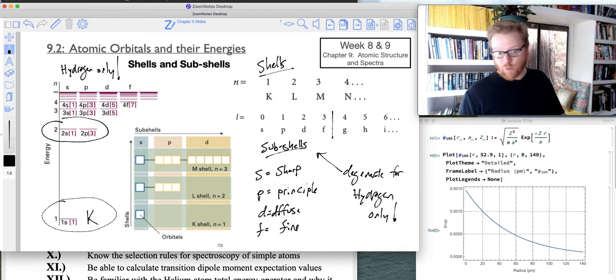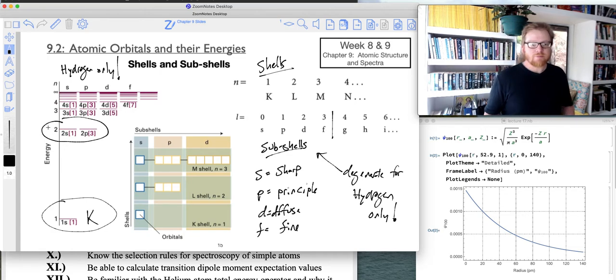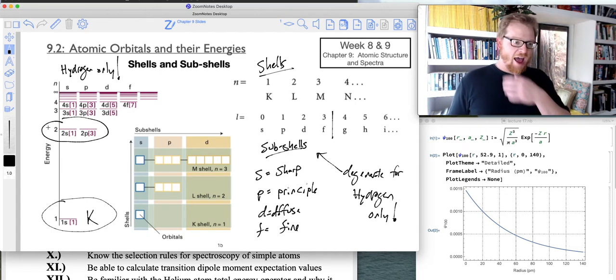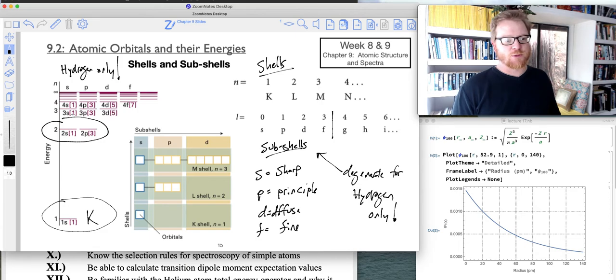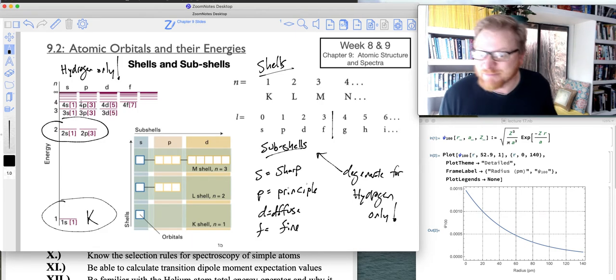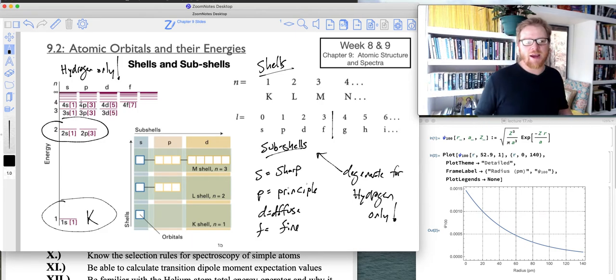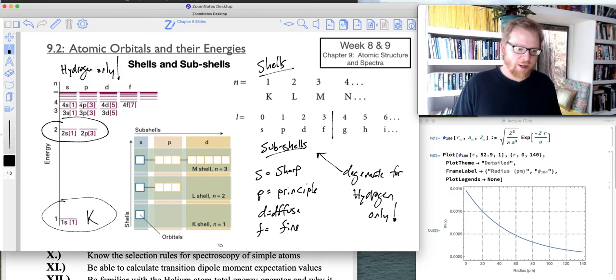And then so on and so forth, we get the M shell corresponding to n equal to 3. In that level, it's really 5 plus 3 plus 1, so 9 degenerate states, corresponding to the s, p, and d subshells.